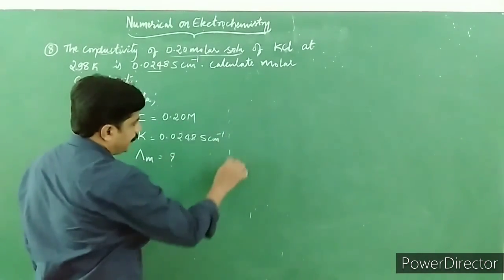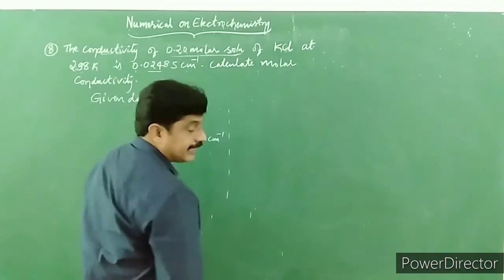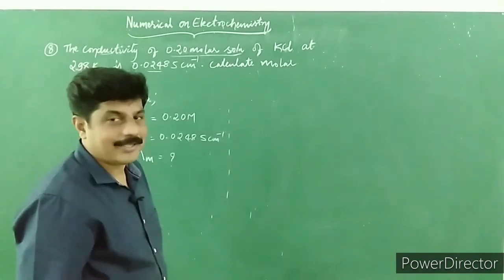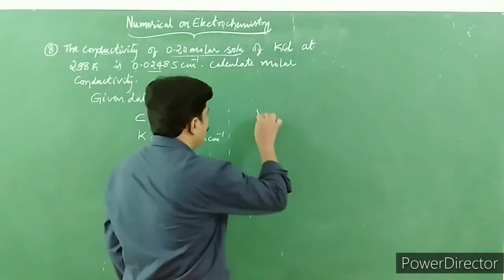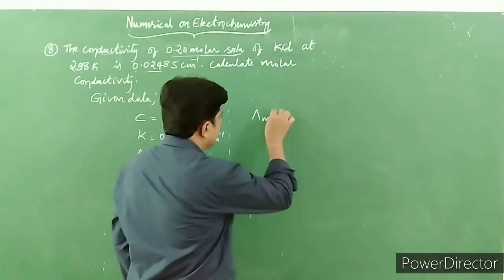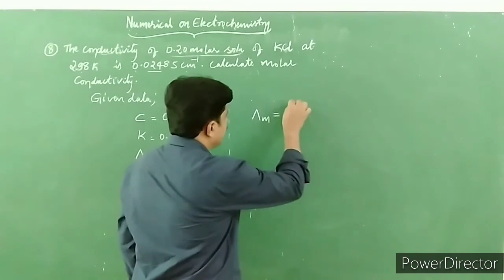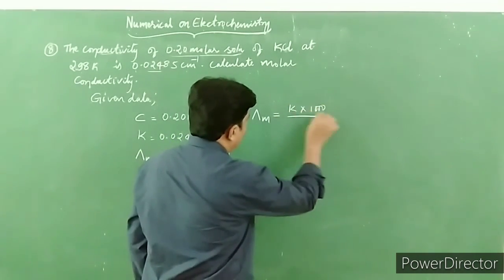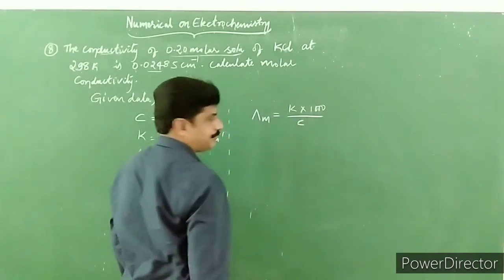Children, you have learnt the relationship between molar conductivity and conductivity, is it not? Look here, molar conductivity is equal to K into 1000 upon concentration.